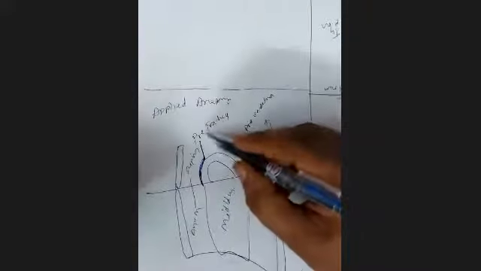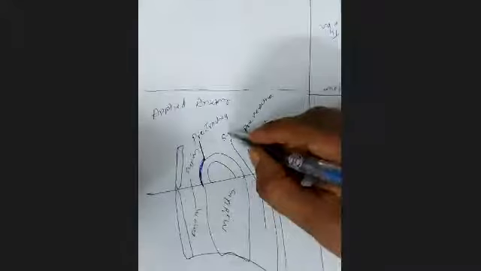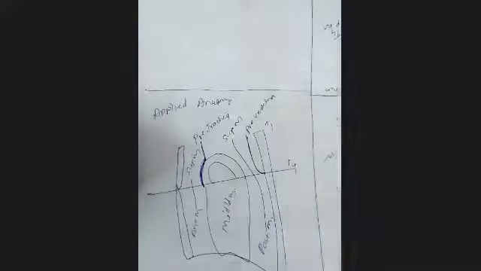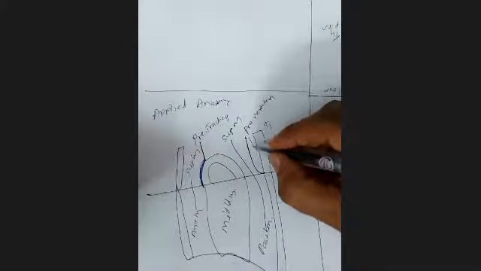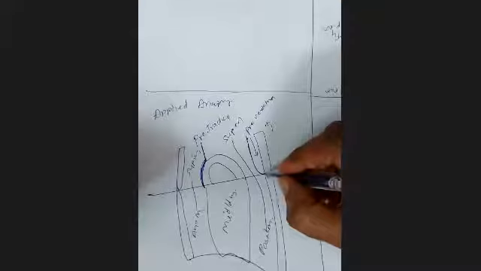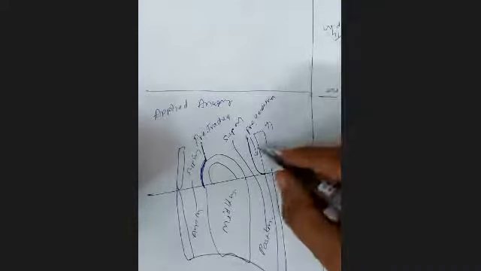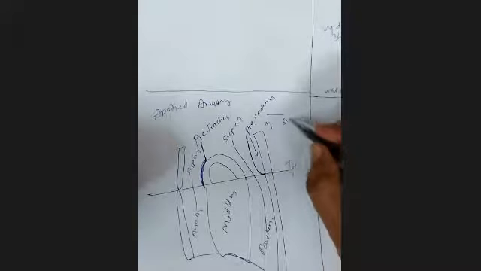The pus between pretracheal and prevertebral layers passes from superior mediastinum to posterior mediastinum. Pus behind the prevertebral layer, because the prevertebral layer is attached to T4 vertebra, remains restricted to superior mediastinum only.